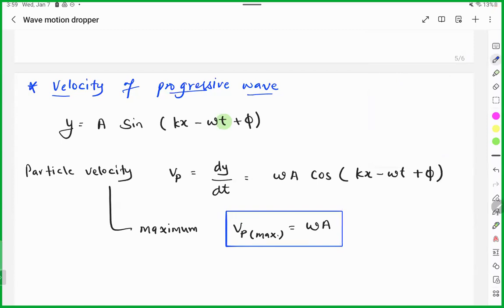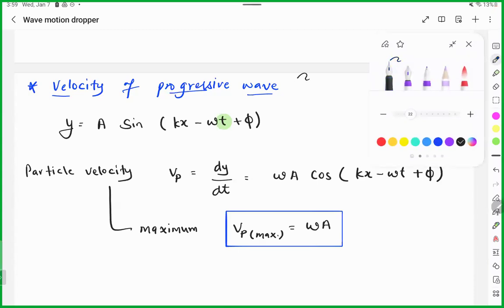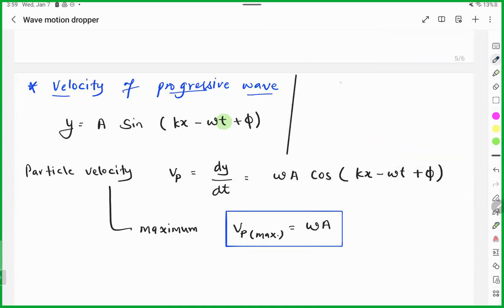Right? And this is what we did in case of SHM. In SHM, we had almost the same kind of equation. If you remember what we did in SHM, if displacement y is equal to a sine omega t, then velocity is dy by dt.